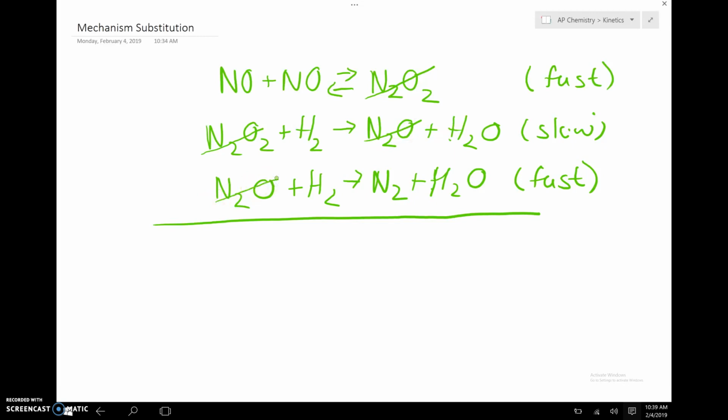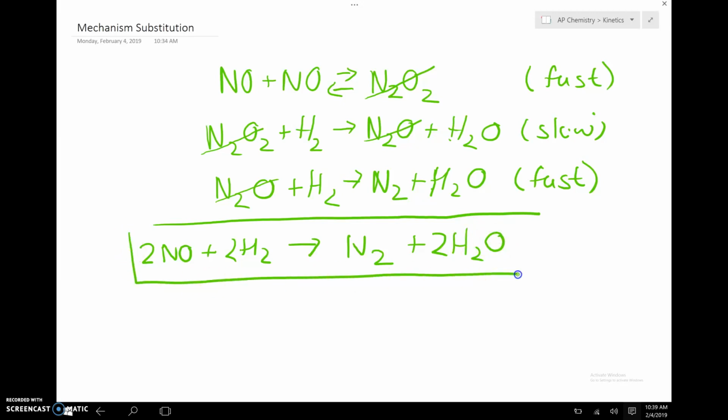Remember, intermediates are things that are created and then used up in the mechanism. So my overall reaction, I have two NOs and two H2s to produce 1 N2 plus 2 H2O. So that's going to be my overall reaction.